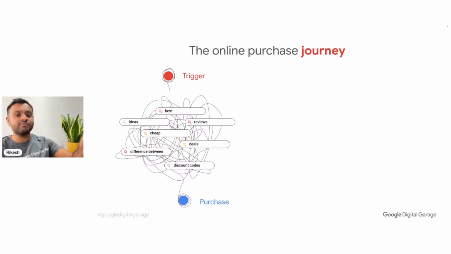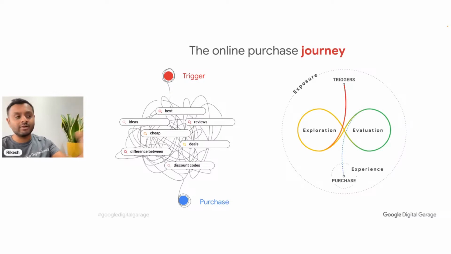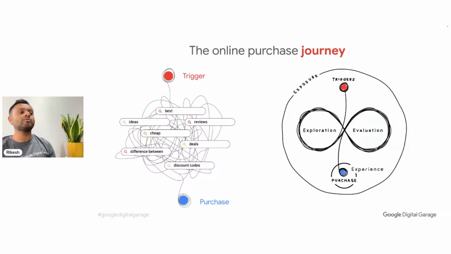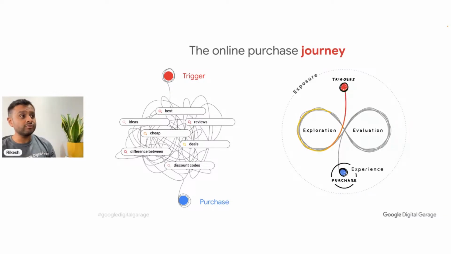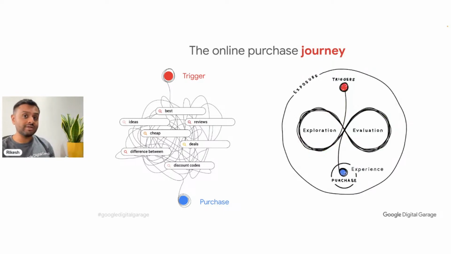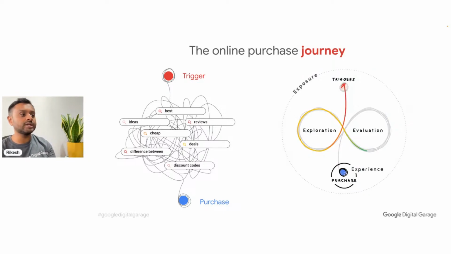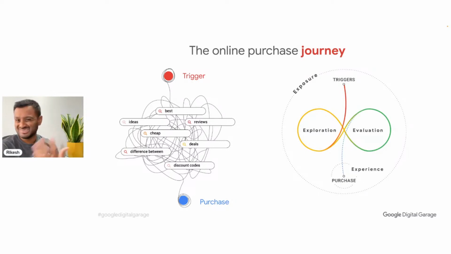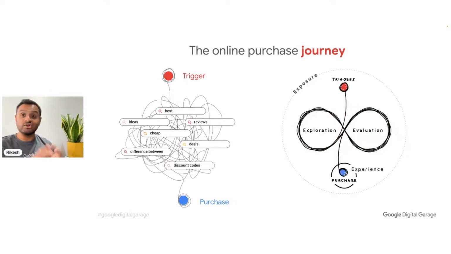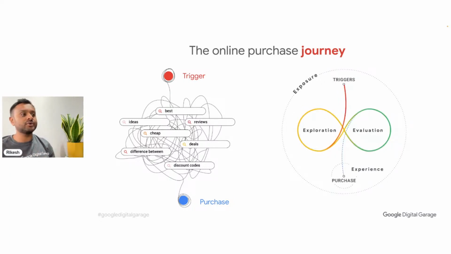Now, if I simplify this diagram with this other diagram that you can see here on the right-hand side of this screen, we've got the dotted circle around the whole of the diagram, which is exposure. So this is being exposed to potentially buying a particular product, but then you still have that trigger, the kettle being broken, and then you've got your end point, which is your purchase, and then you've got the experience, which is the customer experience, or the customer service experience in general as well.